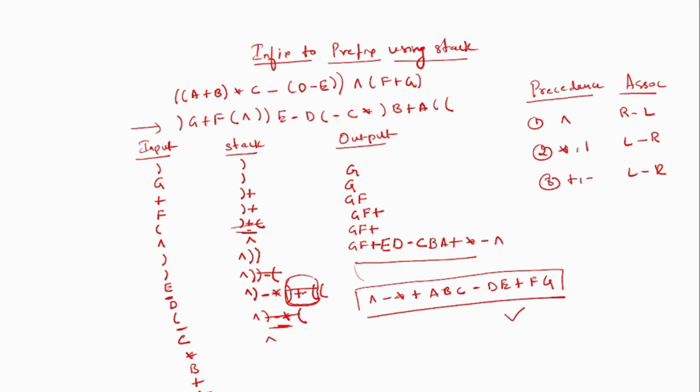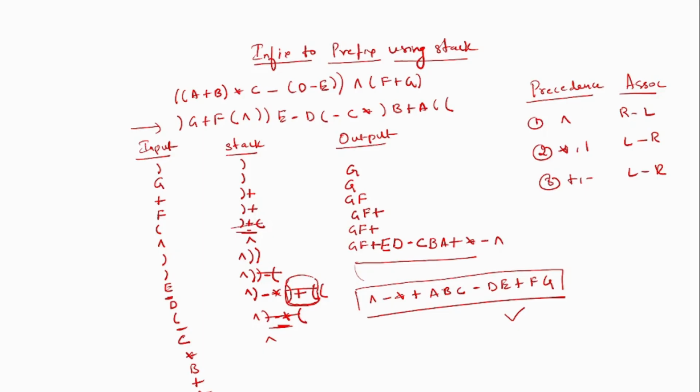Now to pop out whatever operators are inside the close and the open bracket, I need to encounter a close bracket followed by operators followed by open bracket. This is the rule.